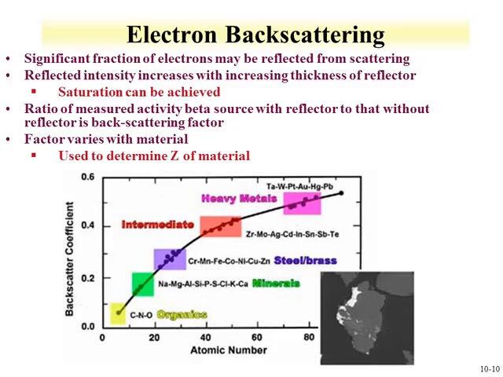And one of the things we actually evaluate is there's an increase in backscattering with the atomic number of a material. So imagine that you can determine a backscattering coefficient, and along this figure, you can figure out the Z of the material that's causing the backscatter. And coupling this with microscopy, backscattering is a method to determine composition of samples under examination.